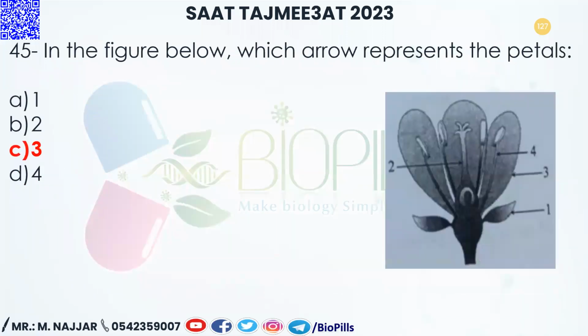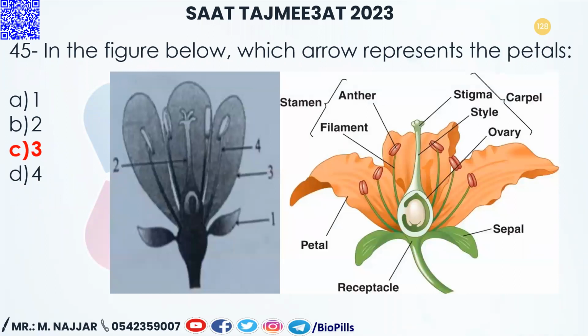Here is the complete standard flower that has sepals, which are green and protect the flower before it blooms, petals that are colored and scented, containing guidelines, and they may also contain nectaries. Then you have the male part, which is called stamen and has an anther and filament.